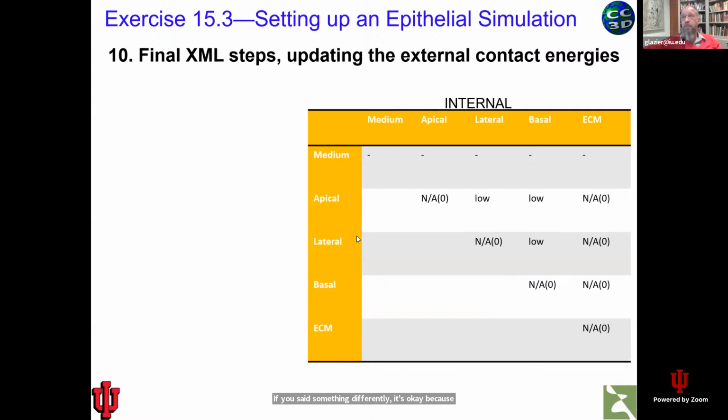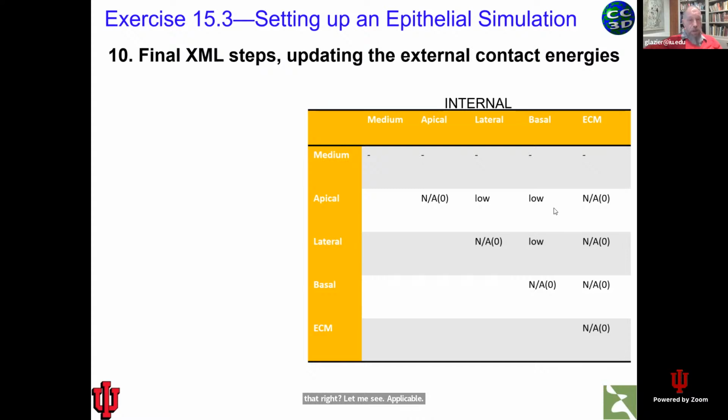Now, we have to change the external contact energies. We want apical cells internally to stick to lateral and basal, because we want them to stay in the middle. Actually, is that right? Let me see. Apical to lateral should be low, I would think.